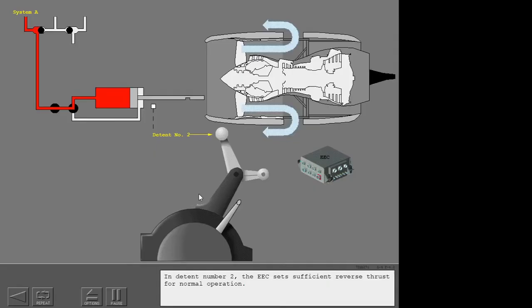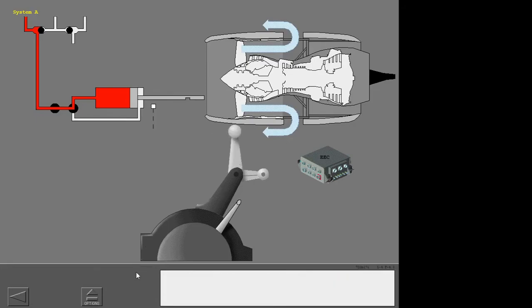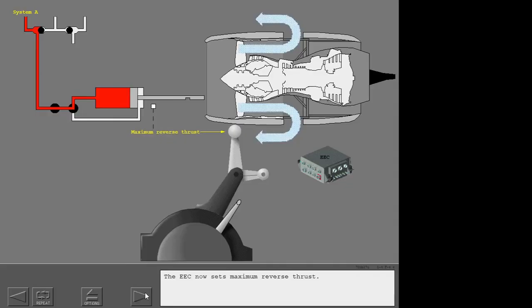In detent number 2, the EEC sets sufficient reverse thrust for normal operation. If maximum reverse is necessary, you can raise the levers further. The EEC now sets maximum reverse thrust.